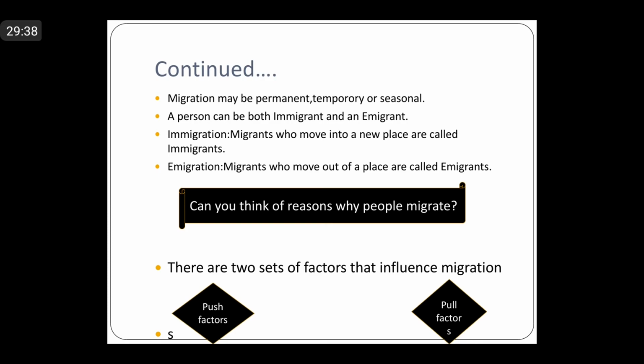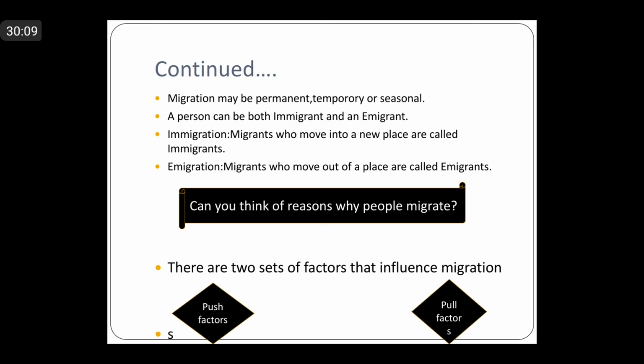An immigrant is a person who comes into a foreign country to live there permanently. An emigrant is a person who has gone to live in another country.